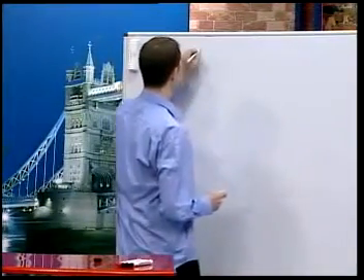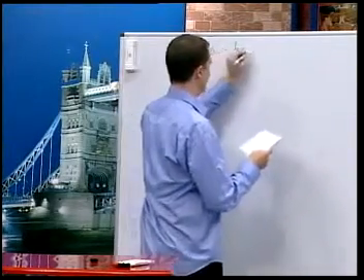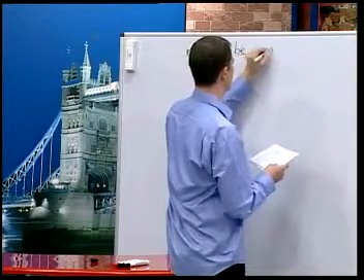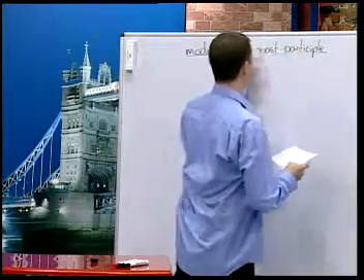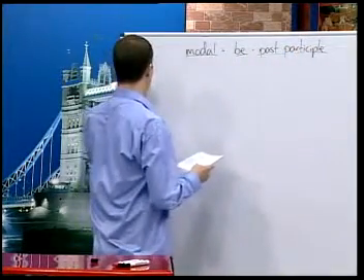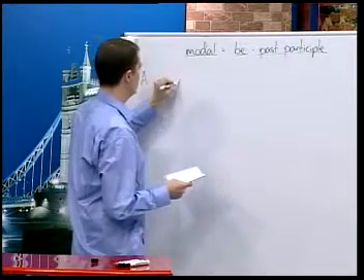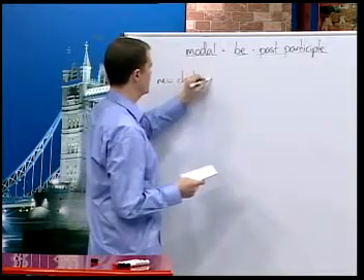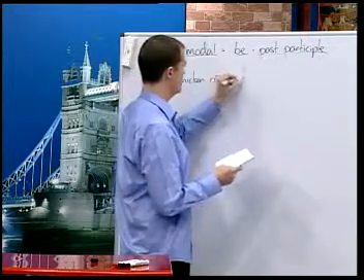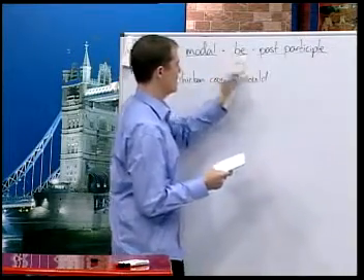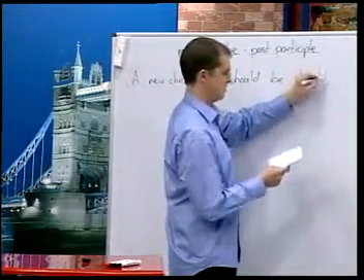Modal plus be plus past participle. Right, so a new chicken coop: modal should, be, and the past participle, built.